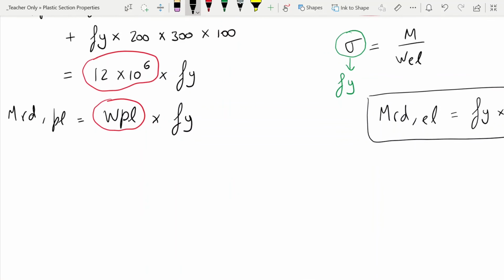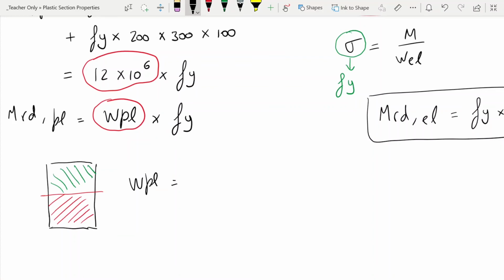So that means the plastic section modulus is this 12 times 10 to the 6. Now, if you want to generalize this with B and H, it's the same logic, but now we're going to split the section in two as well. So this will be the part in tension, this will be the part in compression, and now our WPL will be, so this is B, this is H over 2, so it will be 2 times, and now we know that both of them will be the same, and then B times H over 2, and then times H over 4.